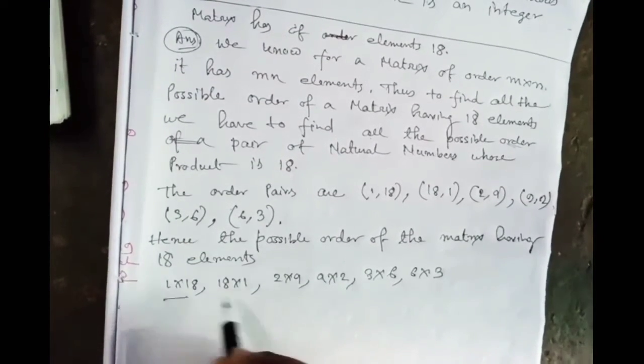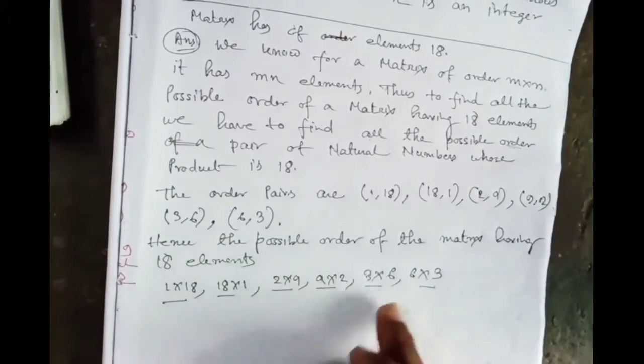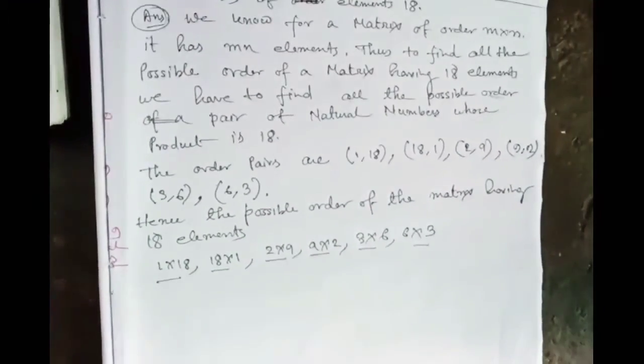So these are the possible orders. 1, 2, 3, 4, 5, 6 orders should be maintained here. Okay, let's move to another question.